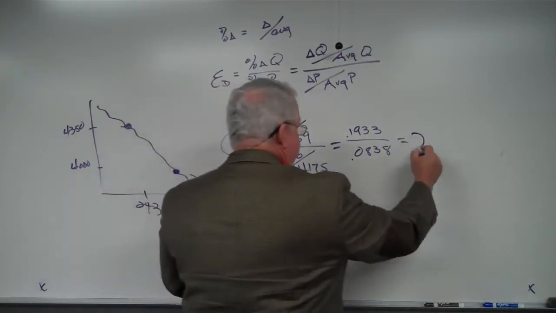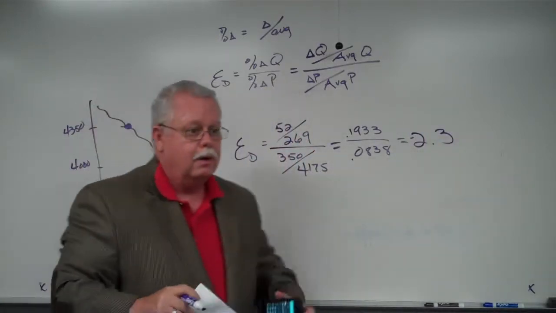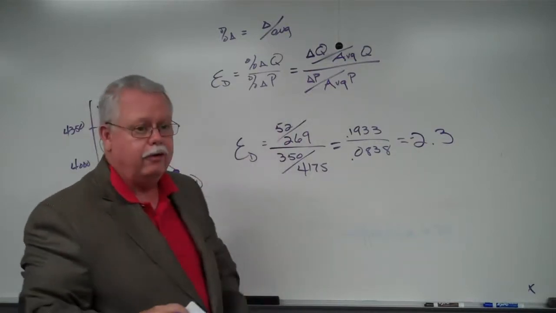That's an implied price elasticity of 2.3, and it's actually a negative number. They're always a negative number for the price elasticity.